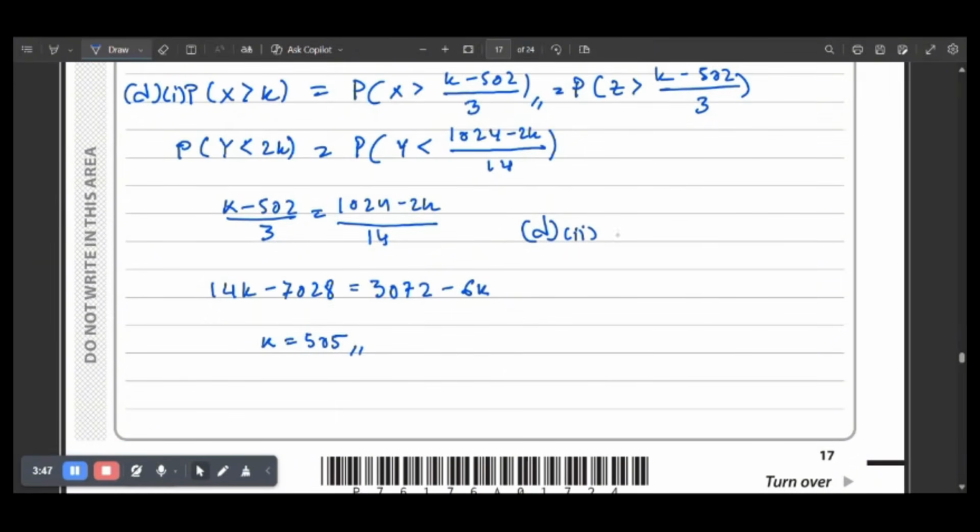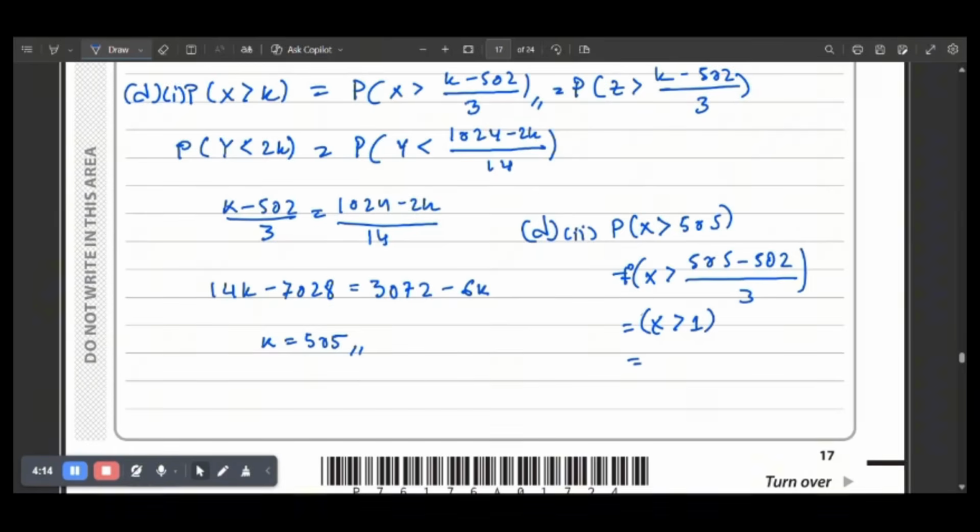For part D2, we have to find the probability for 505. So we can write the standard value is equal to 505 minus 502 divided by 3. So z is greater than 1.